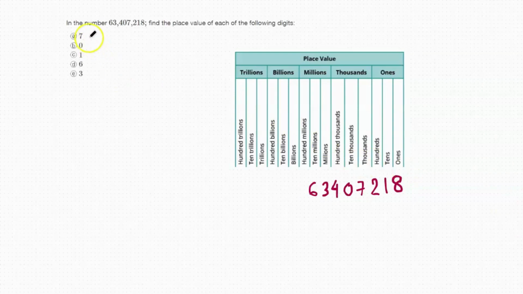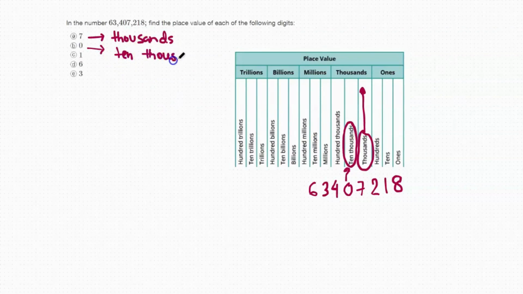So we'll start with 7. You can see that 7 is in the thousands place. So this would be thousands. 0 lies in the 10,000s place over here, so we'll write down 10,000s.